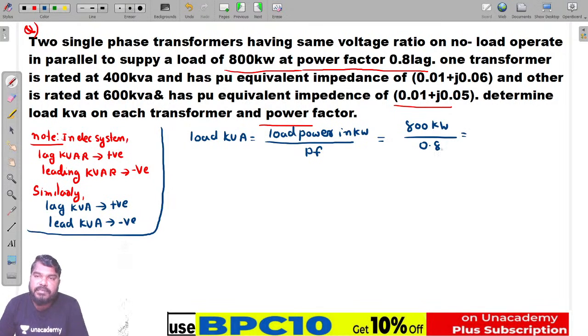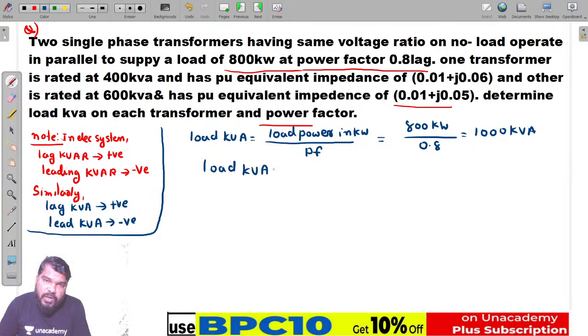So now calculate, this value is equal to 1000 kVA. So therefore load kVA is 1000 kVA.